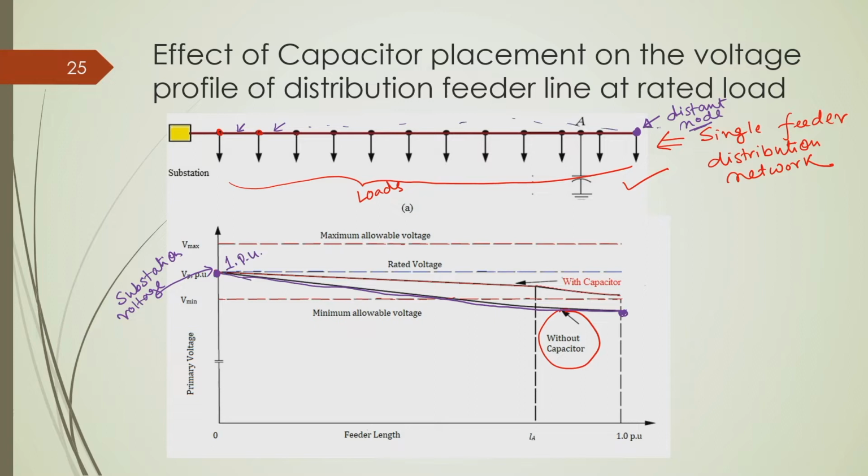So, at the end of this feeder you will see the voltage profile is something like that, and the voltage at the distant node is the lowest. Now, there are two dotted lines which show the maximum allowable voltage and minimum allowable voltage. Suppose this is the minimum allowable voltage of the network.